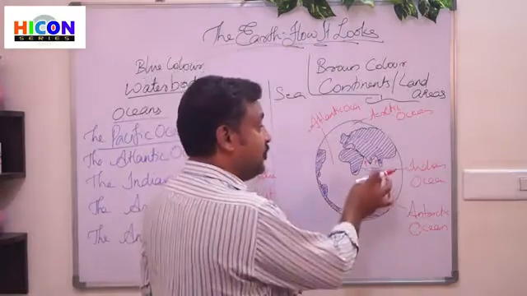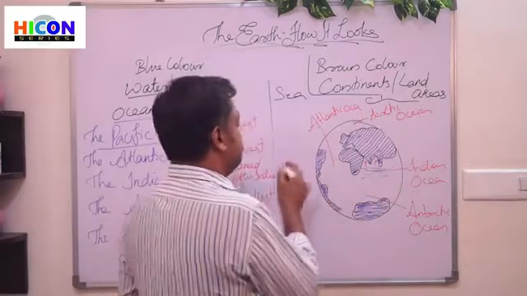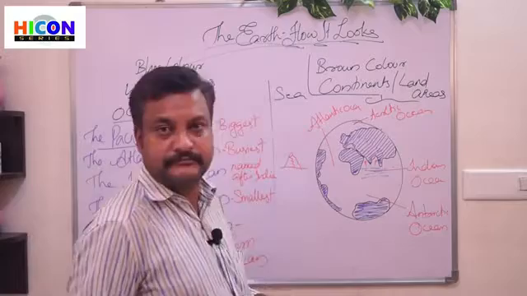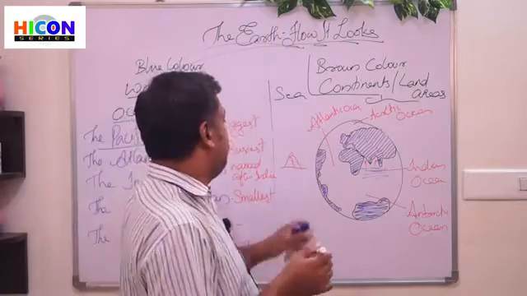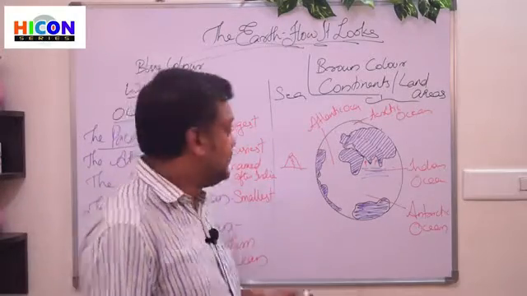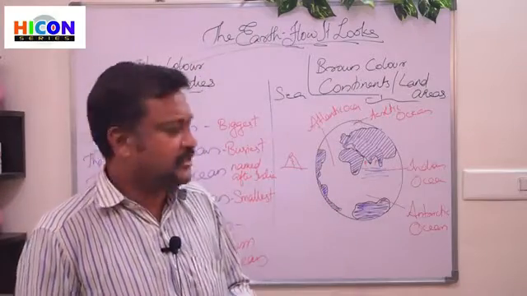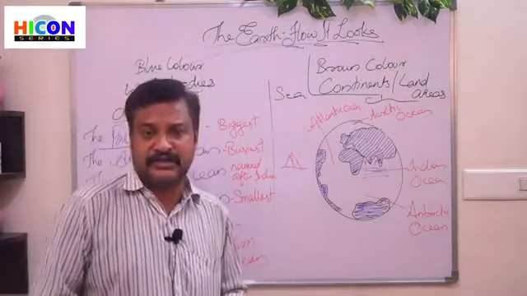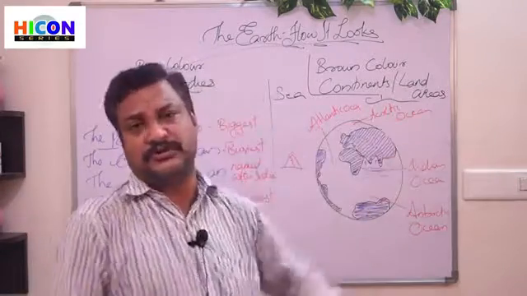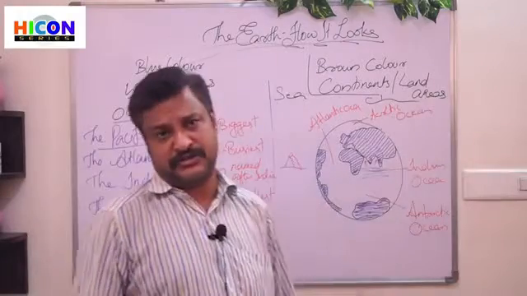It is located at the edge of the ocean and goes a bit deep into the land. Such water bodies are called seas. Seas are very much smaller than oceans, and they are situated at the edges of these oceans.